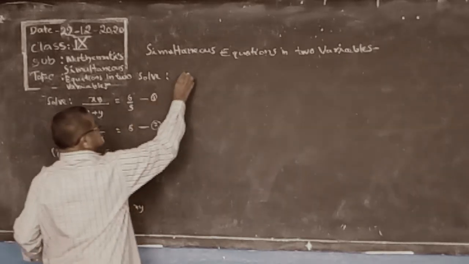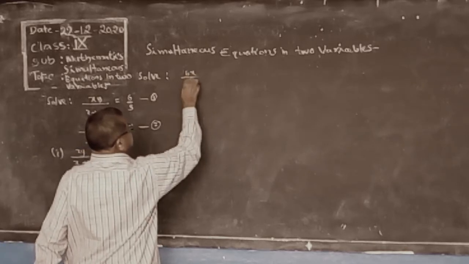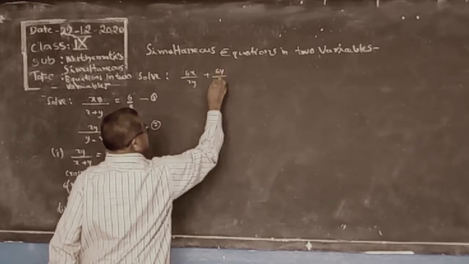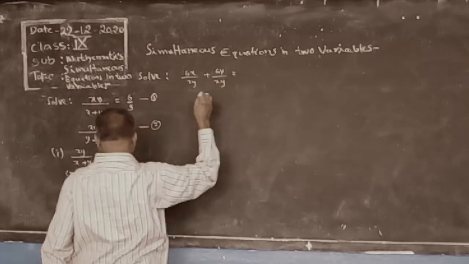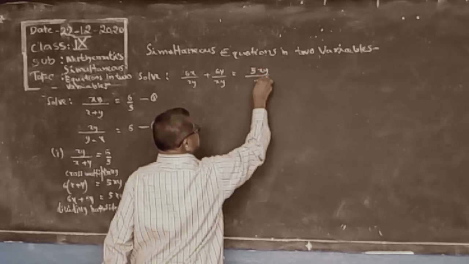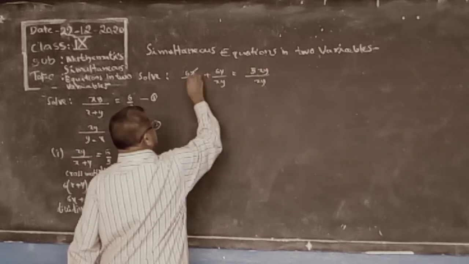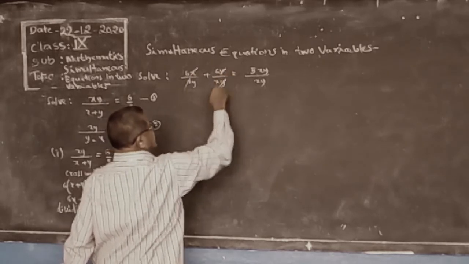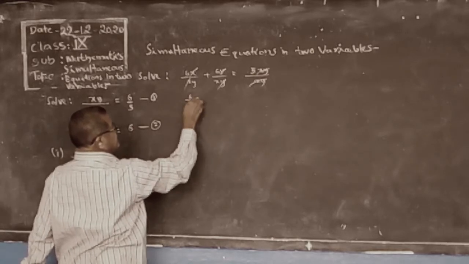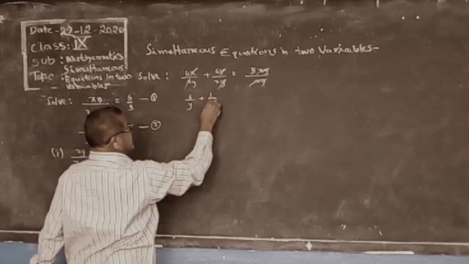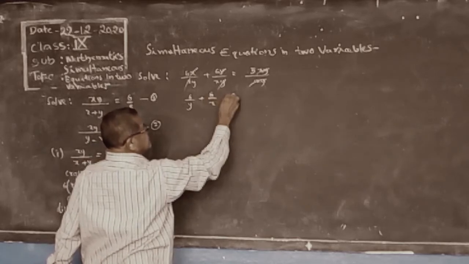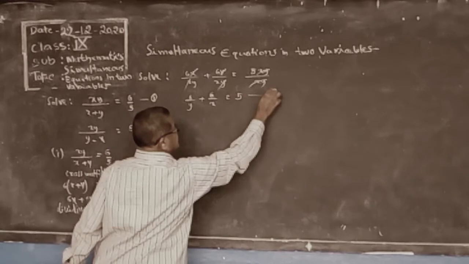Here 6x by xy plus 6y by xy is equal to 5xy by xy. Here x cancels, y cancels, xy cancels. So this is 6 by y plus 6 by x is equal to 5, equation 3.